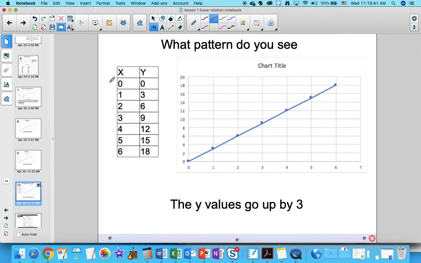When you made your data table, we went 1, 2, 3, 4, 5, 6, 7. Our x values are here. Our y values went 0, 3, 6, 9, 12, 15, and 18. Our y values kept going up by 3. That's the pattern you'd probably be able to see.